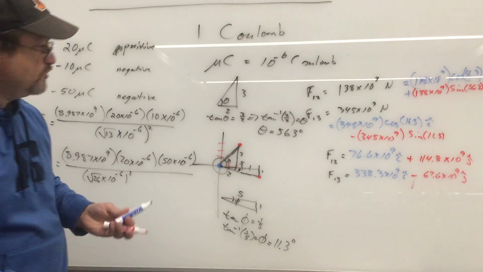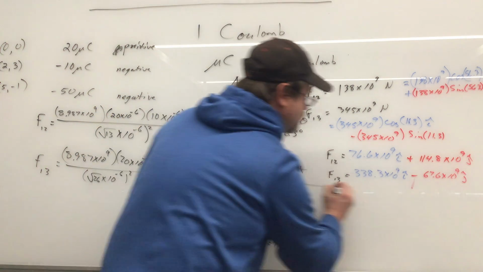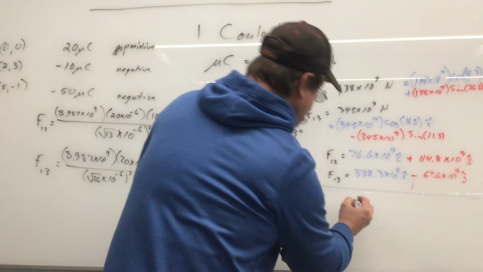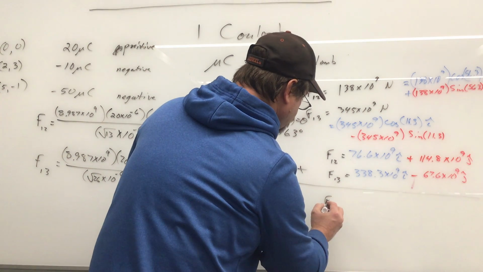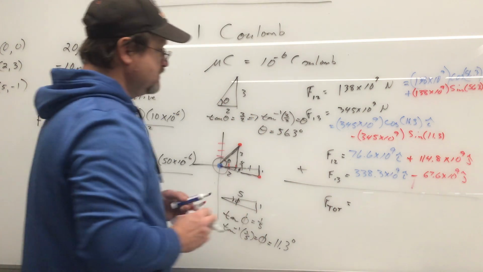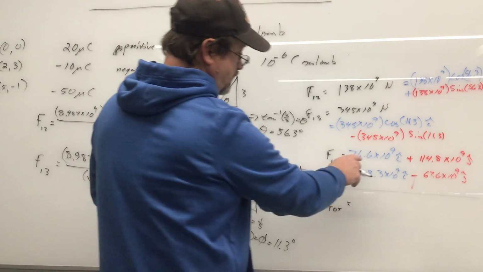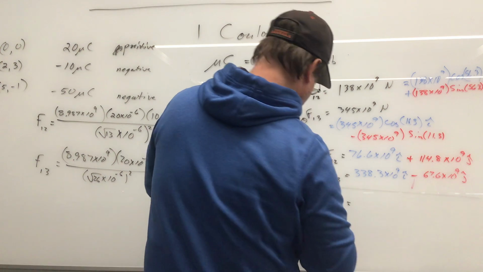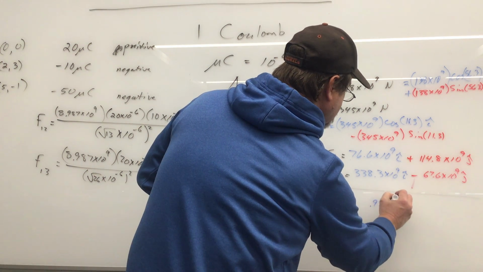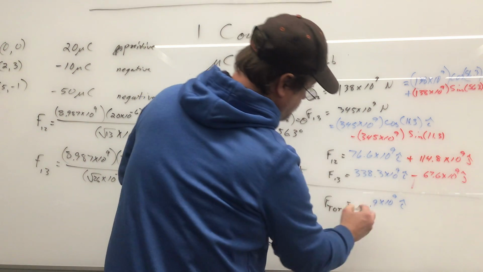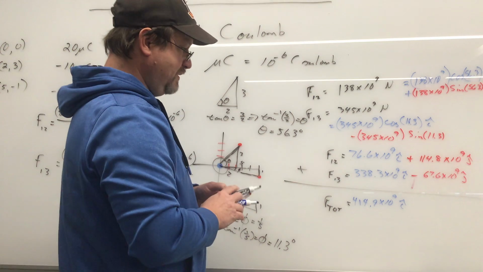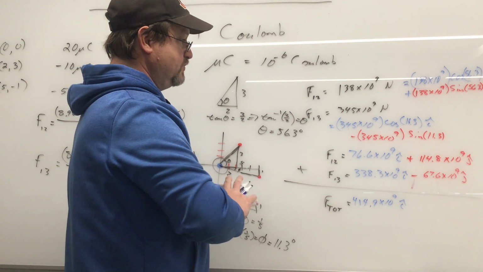And so if I want to add those two forces together, which I do, I have the total force on that positive charge. Add these together, I get a 414.9 times 10 to the 9 in the x direction.